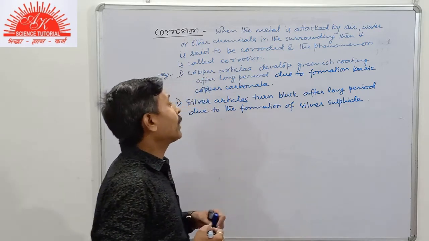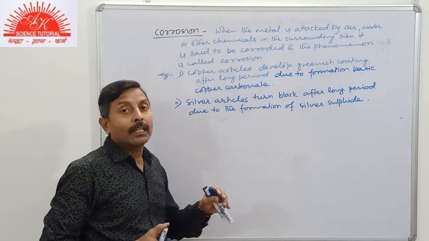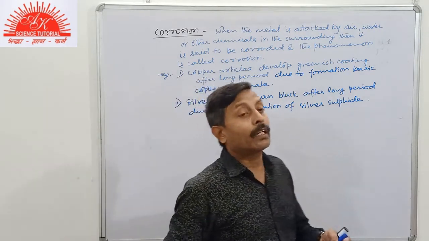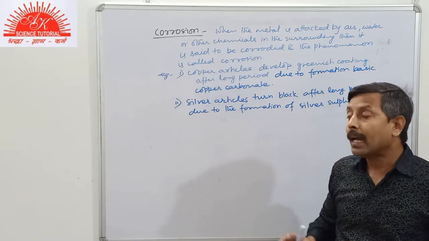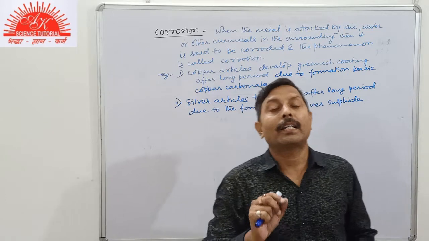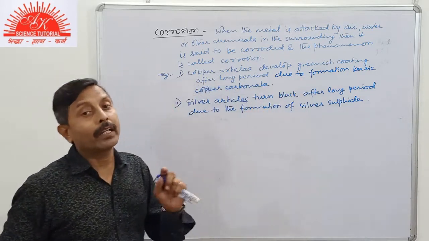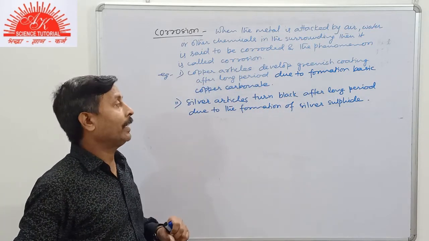This is because when a silver article is exposed to atmospheric air, it reacts with sulfur dioxide and H2S gas present in air, and it forms silver sulfide. It turns black. Again, when it is rubbed, it becomes clean.